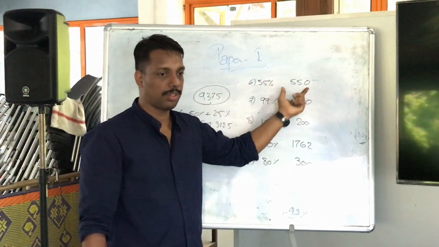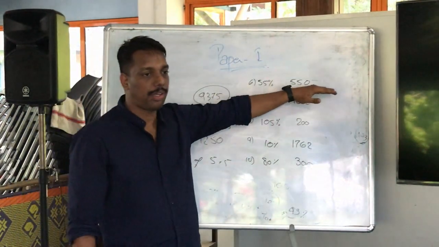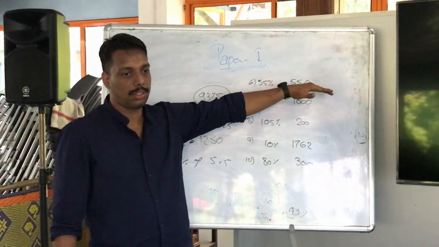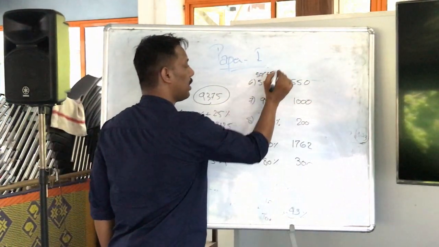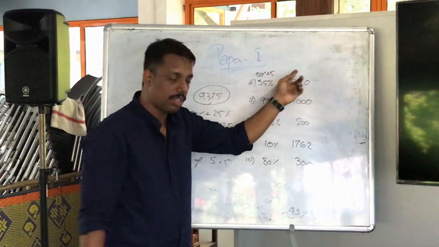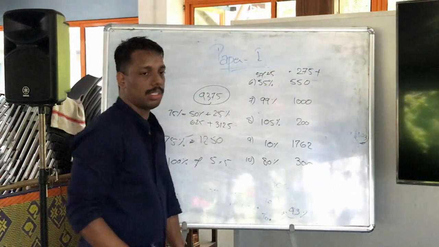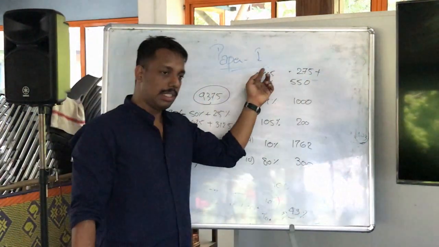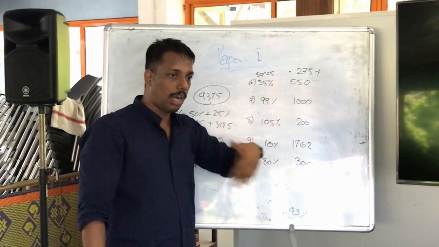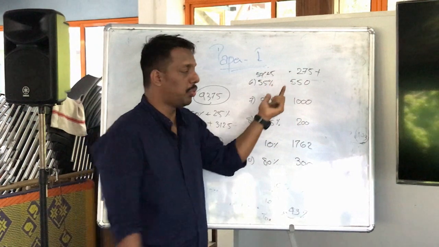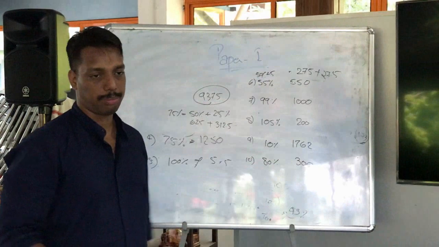No, 275. 50% of 550 means half of 550, which is 275. 50% plus 5%, right? 50% is 275. Then plus 5%. What is 5%? It is half of 10%. What is 10% of 550? 55. Half of that is 27.5. So add this number and you will get the answer.